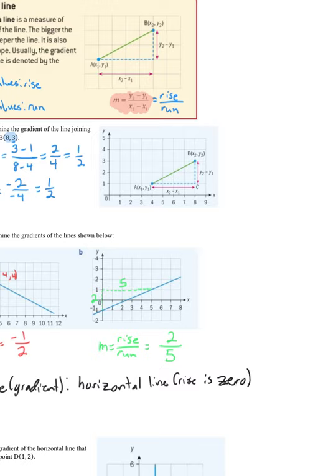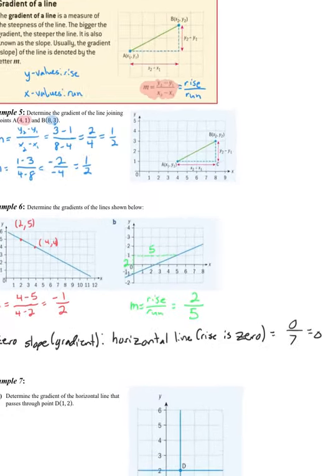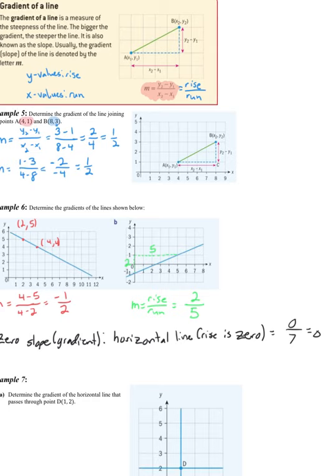All right, so that could happen. We could have something like 0 over 7, so that'd be a slope of 0. Or I'll just say 0 over x. We'll just do a more generalized form.